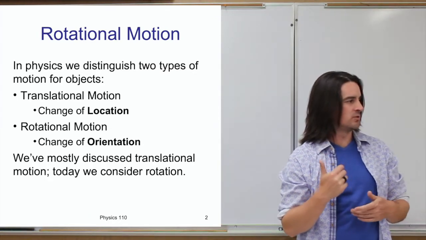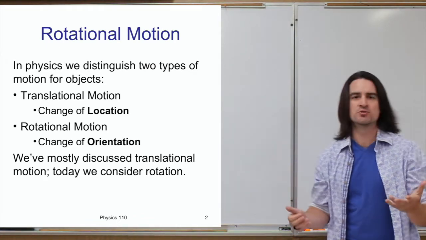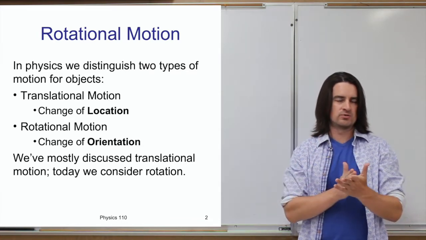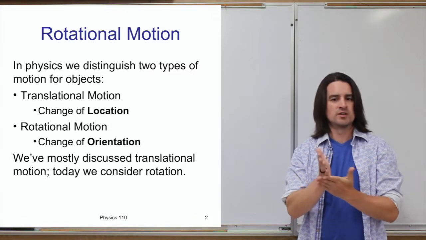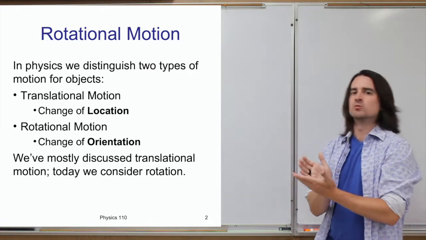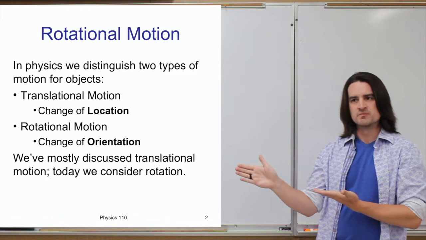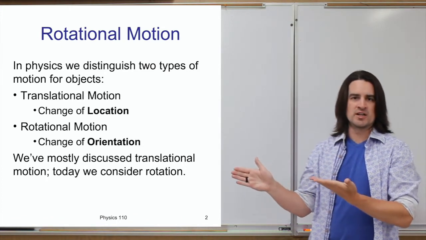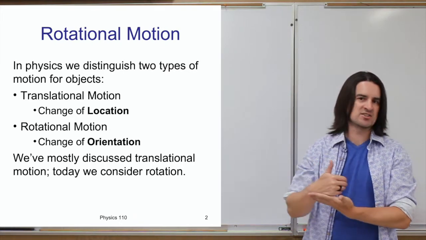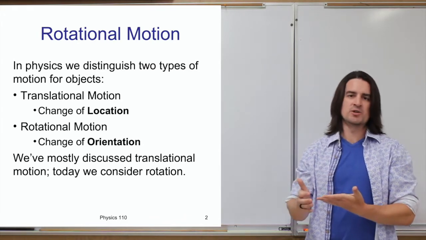Everything up until this point has basically just been translational motion. And one of the main reasons for that is, full disclosure, rotational motion gets tricky. When you talk about velocity, you just talk about the rate at which an object changes its location, how fast it is going from one place to the next. When we're talking about rotation, if I want to describe a rotation, it's not just saying how fast it is rotating, because I also have to tell you what it's rotating about.